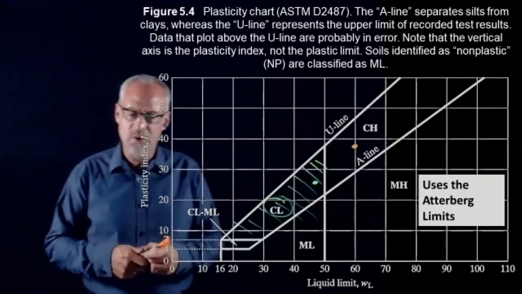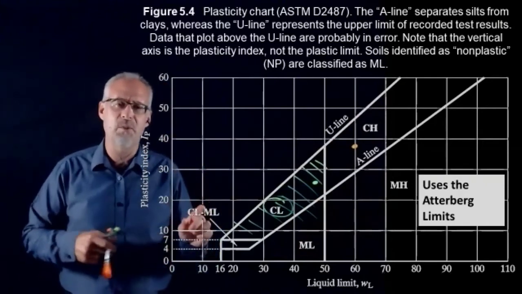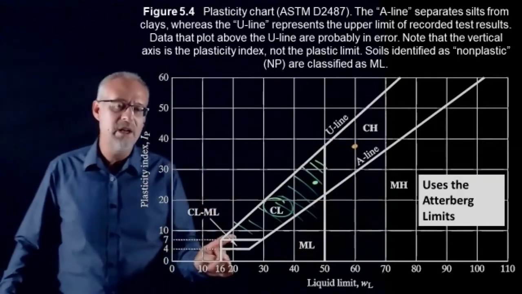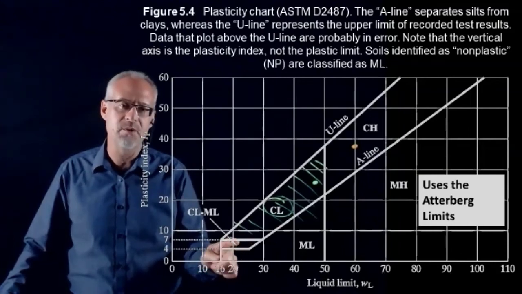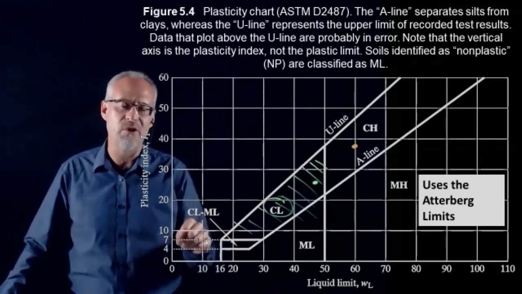There are also funny spots. If you have a soil down here, in this tiny little region, it is possible to get soils where you would give them a different two-letter code.